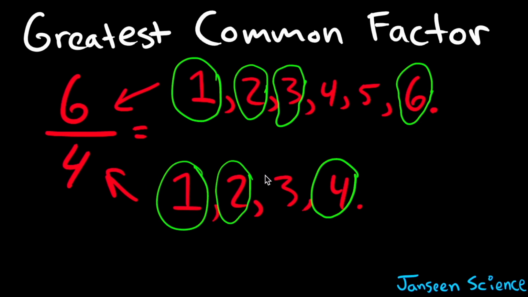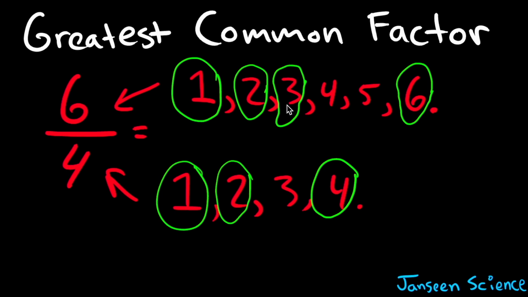Now, let's look at these numbers. We are looking at 2 different lists. The lists are different, but they have common numbers. So 1 and 1 are common factors. 2 and 2 are common factors. They share the same number.